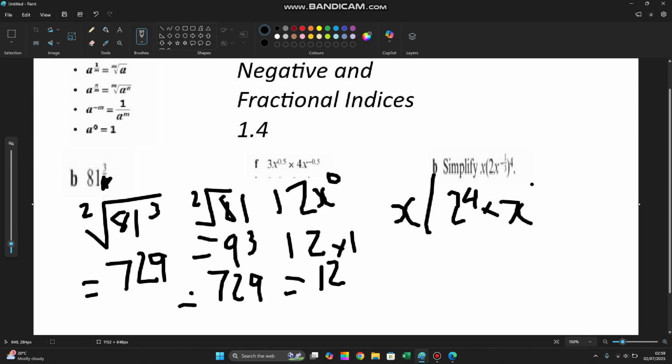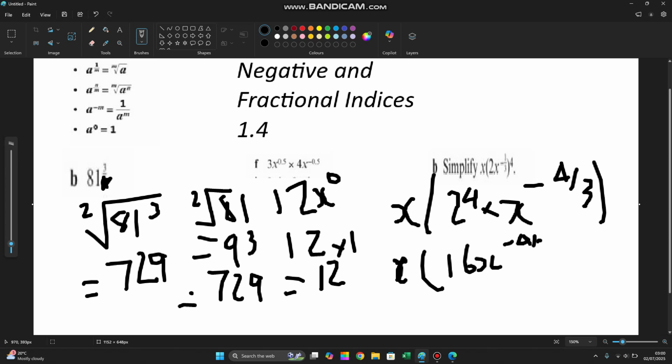And minus a third times 4 is minus 4 thirds. And now we can simplify: we know that 2 to the 4 is 16, so we can rewrite this as 16x to the minus 4 thirds.